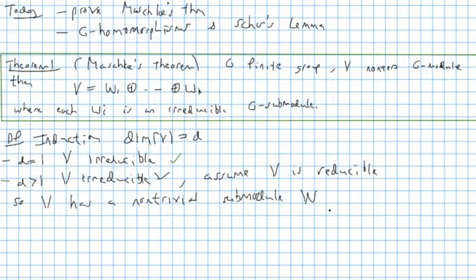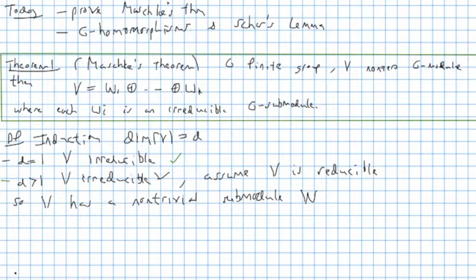But we want to decompose not just W, but the whole of V. So our strategy is going to be to build a complement of W, and then decompose both W and the complement of W by induction, and then we will be done.